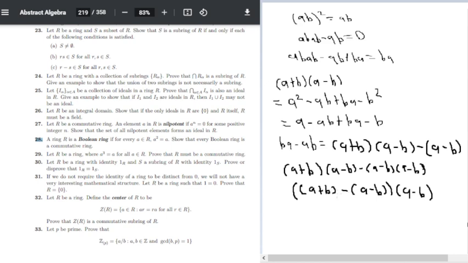So we evaluate within here to get this is equal to B plus B, correct?